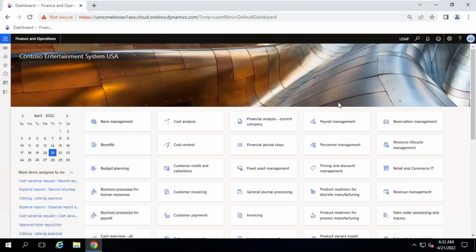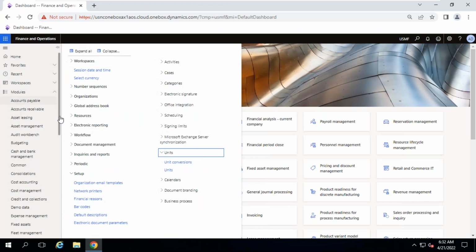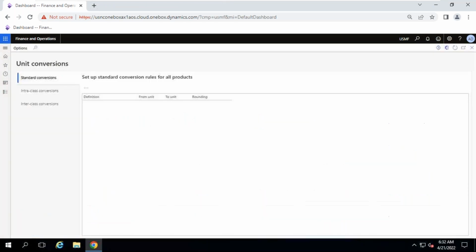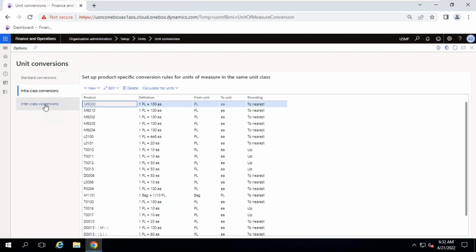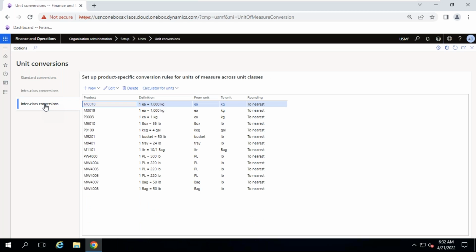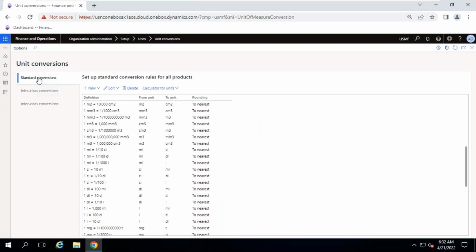And unit conversions. Here there are standard, intra-class, and inter-class. Standard means 1 kg equals 1000 grams. Across the globe, 1 kg equals 1000 grams, 1 meter equals 100 centimeters. Those things are standard.